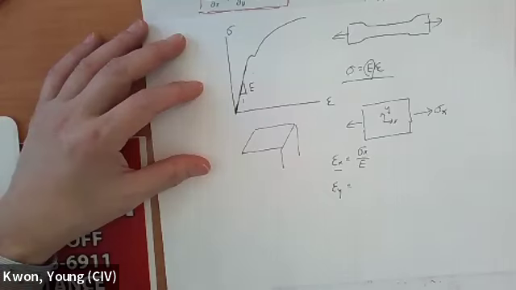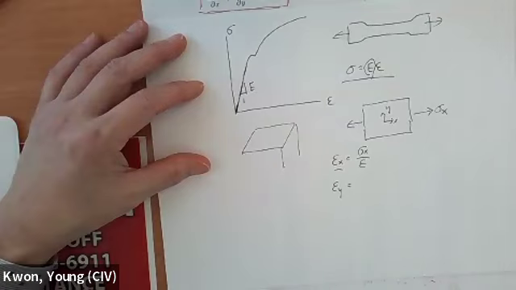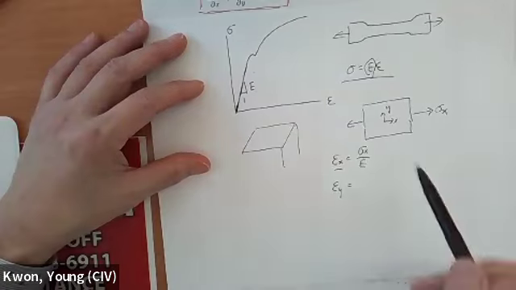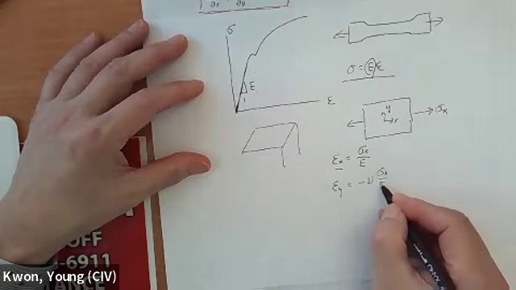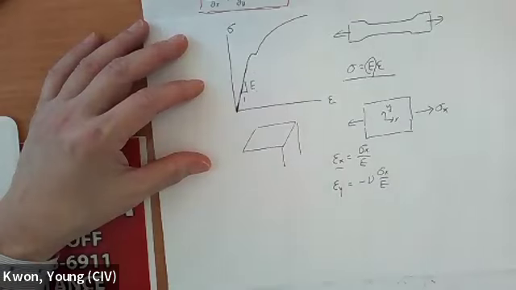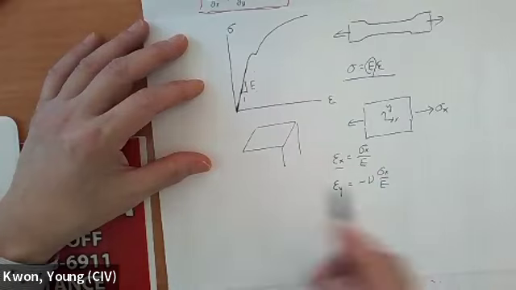It depends on the material, a fraction of the x strain. That material property is the so-called Poisson's ratio. How much it changes transversely as you apply the longitudinal loading, that's the Poisson's ratio. So that's going to be negative nu sigma x over E.